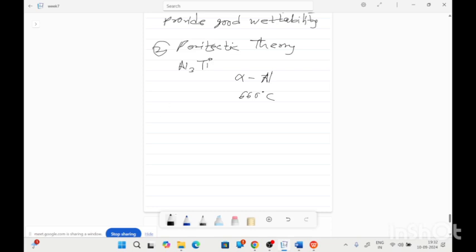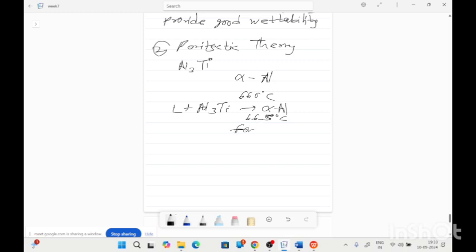So the reaction can be written as liquid plus Al3Ti gives alpha aluminum. This reaction happens only at 665 degrees Celsius.